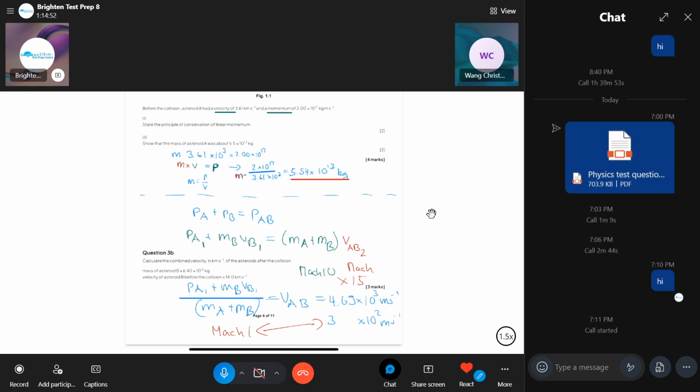Now, if you think that this asteroid is the combined velocity is Mach 15, that's quite something, right? So we went to increase it. That's the point here, right? 3.61 compared to 4.69. So that tiny little asteroid really gave a push to the whole system in the end, huh?